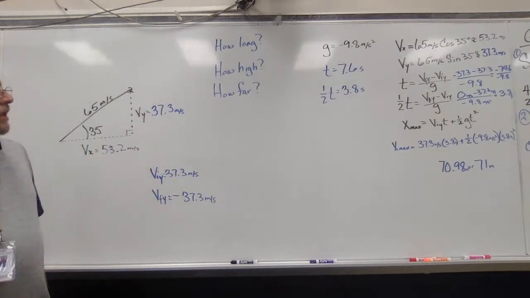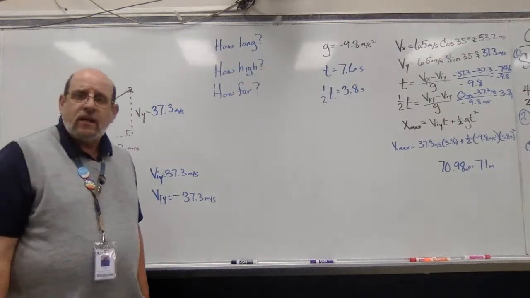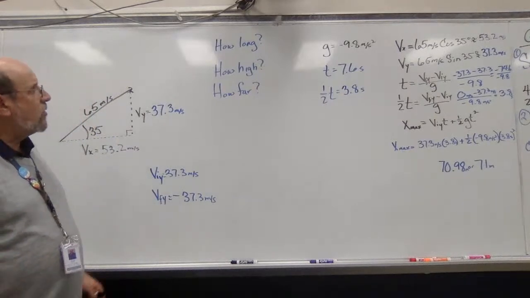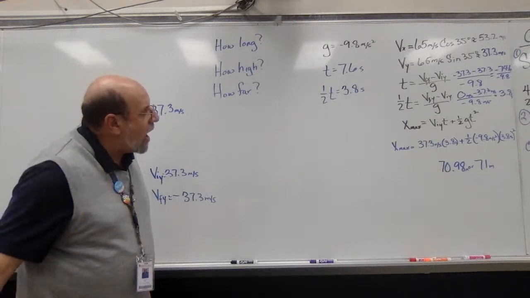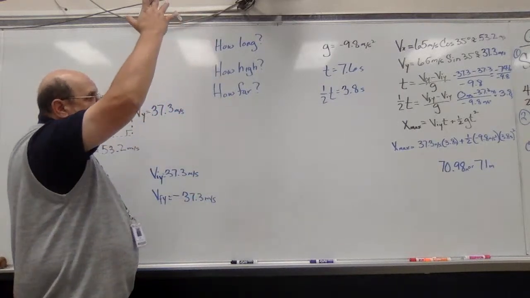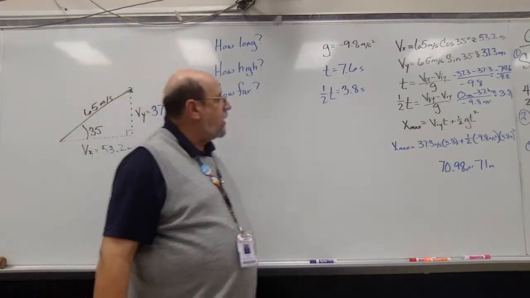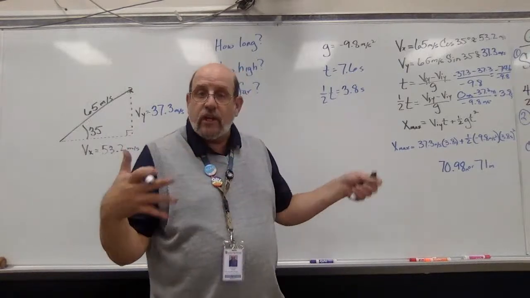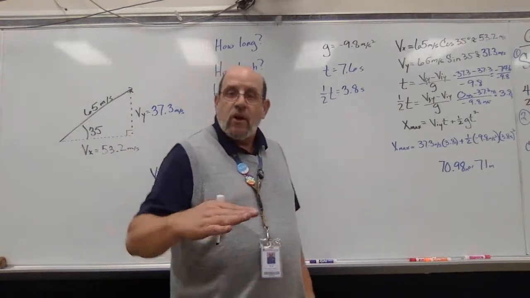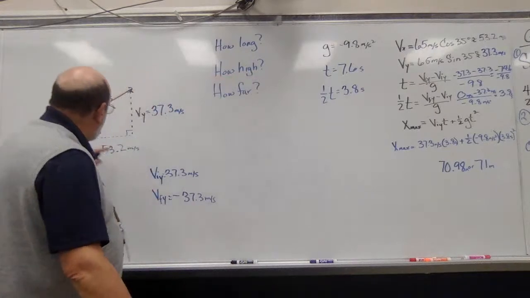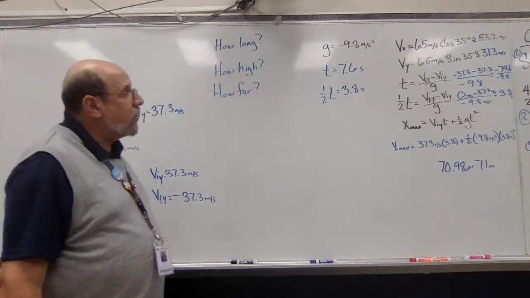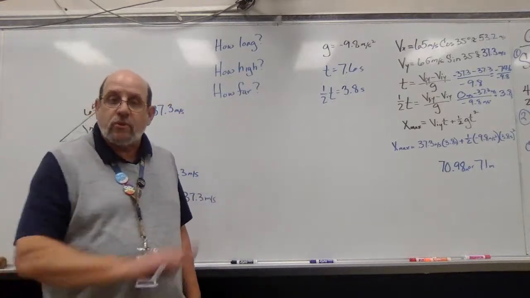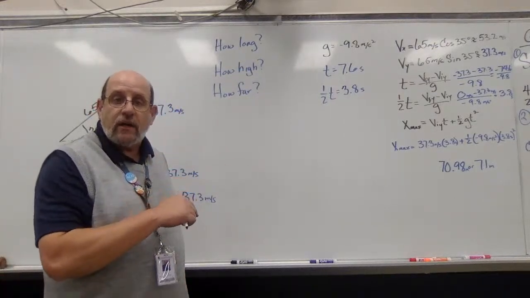All right. The next thing is we found out how long. Now we want to know how high this sucker went up. Well, we're going to use that third kinematic equation, but it starts from the ground. So it's being launched from the ground, so we don't have any initial displacement, so we get rid of xi.